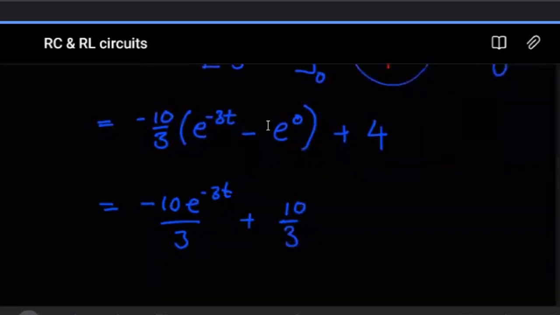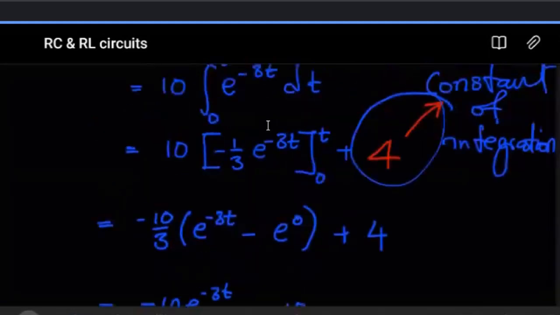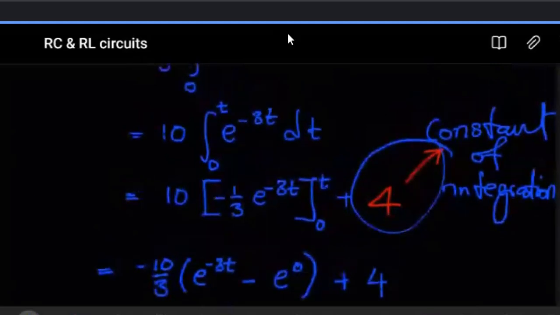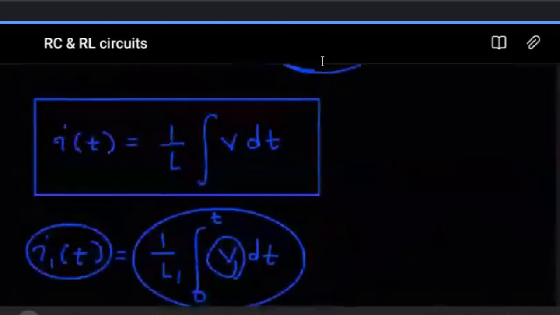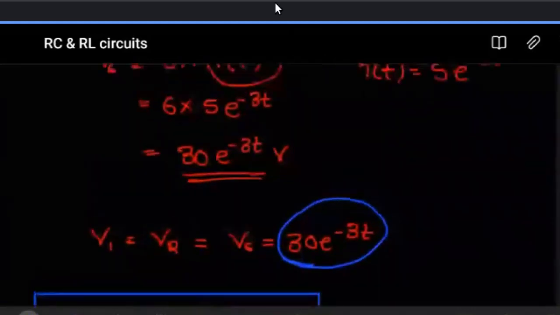Have I left something here? I feel like I've left something. There's a negative that I have left out. Let me just try to see why it actually comes in. Yes, I've left out something.